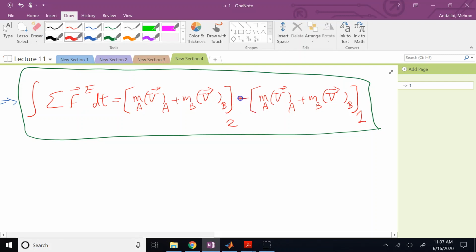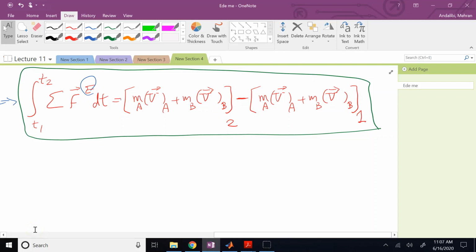If you have a system of particles, when you write the principle of impulse and momentum, the total momentum of the system in position 2 minus the total momentum of the system in position 1 is equal to the impulse applied to the system only by what? External forces.